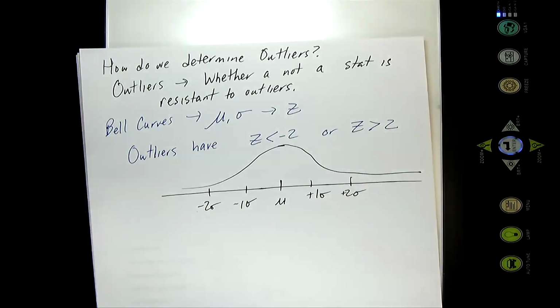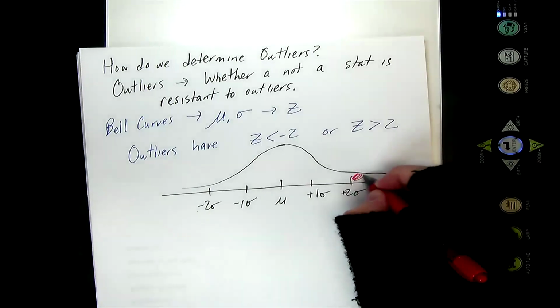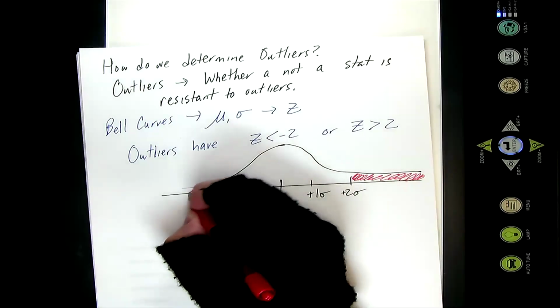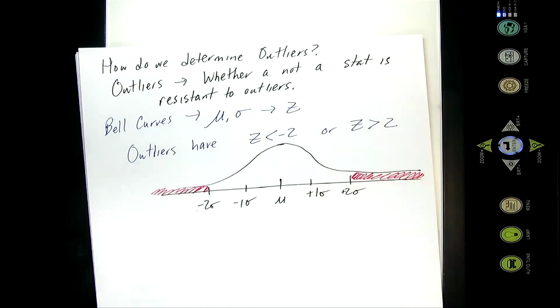So that means to the far right, outside of 2 deviations, and to the left, 2 deviations.